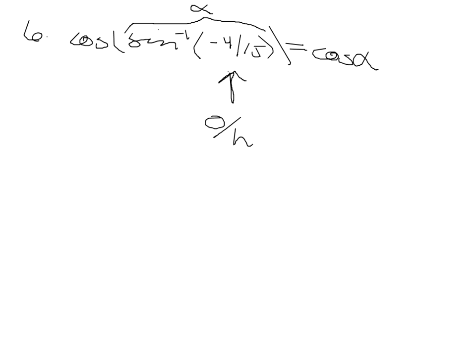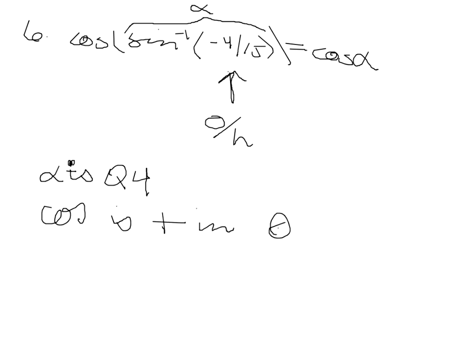Now, this is negative, so inverse sine is defined for quadrants 1 and 4, and in quadrant 1 we get positive, so negatives happen in quadrant 4. Alpha is in quadrant 4, and cosine is positive in quadrant 4. So my answer is going to be positive.